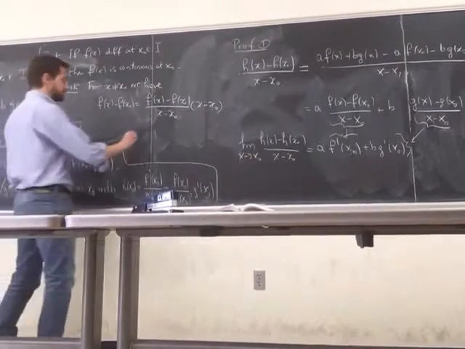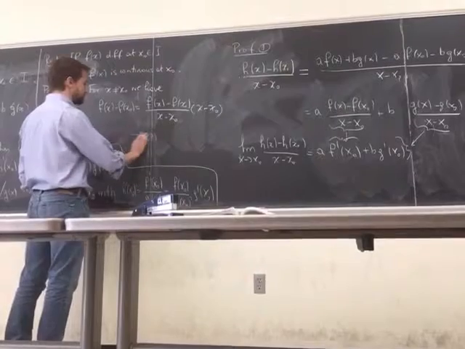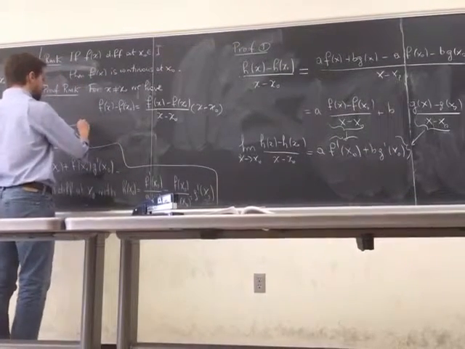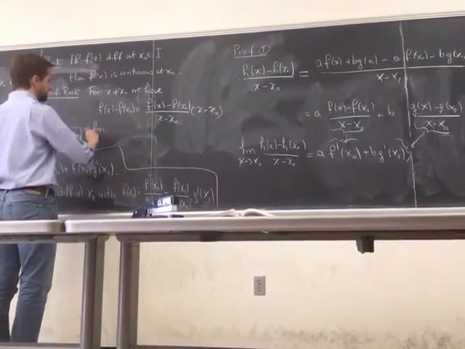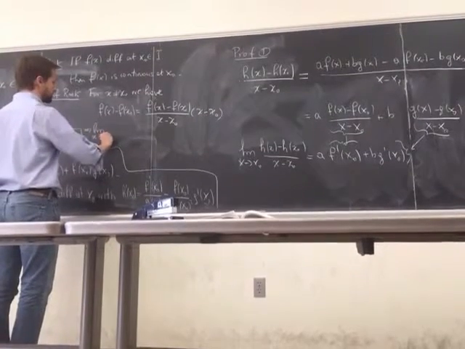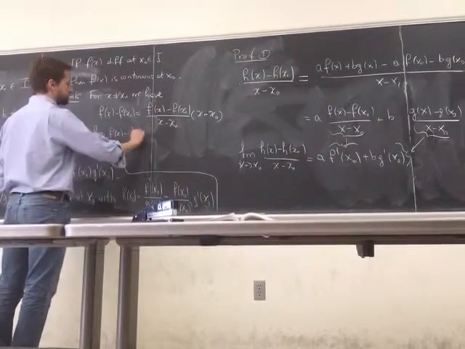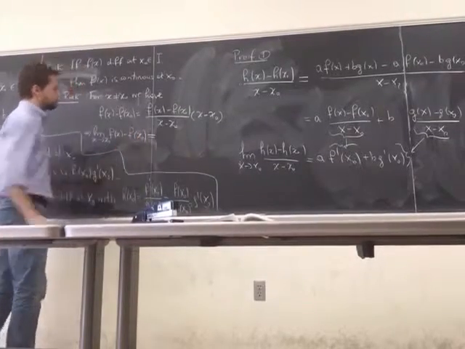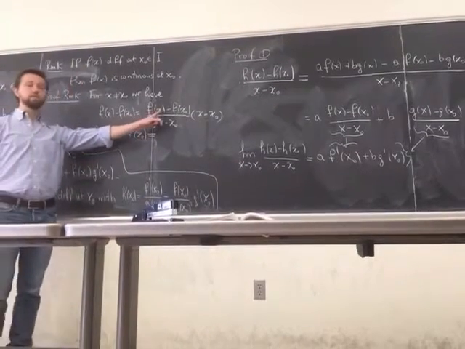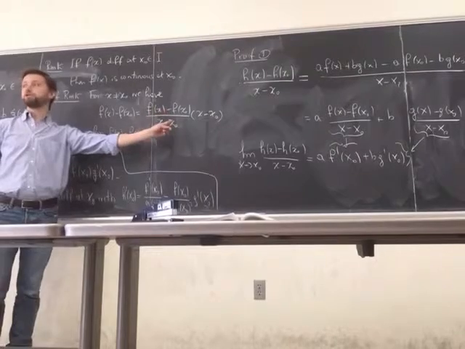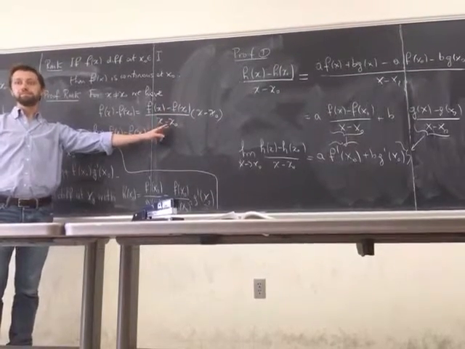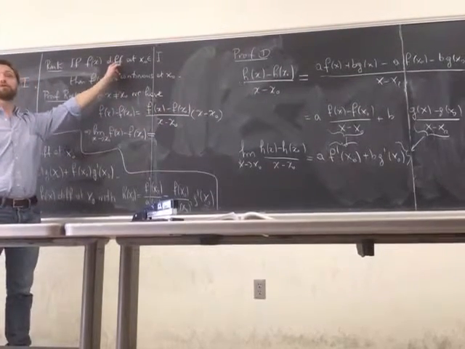If I let x go to x naught, the limit as x goes to x naught of f of x minus f of x naught can be computed as the limit of the first factor, which is f prime, because I'm assuming my function is differentiable.